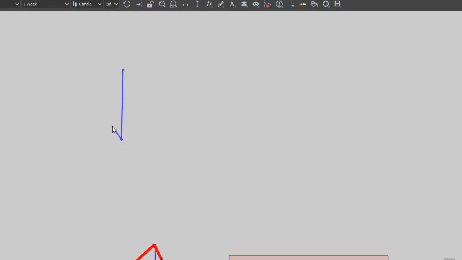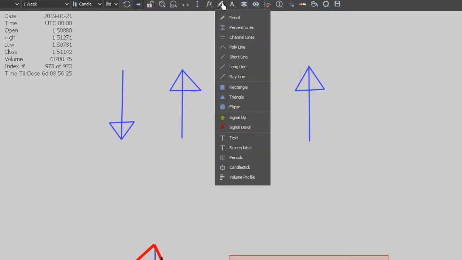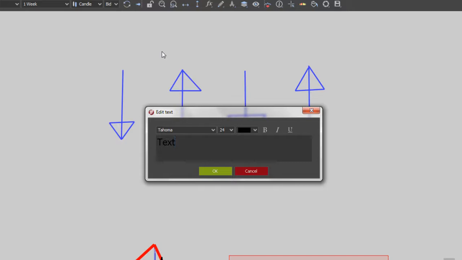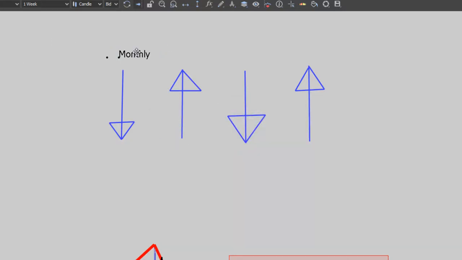We said that the monthly is down, right? We said then that the trend structure is up on the weekly, and we said that on the daily the structure is down, and then we said that on the 2 hour, 1 hour, 4 hour, whatever, the trend is up. So this is where we left on Friday. This is the monthly time frame.